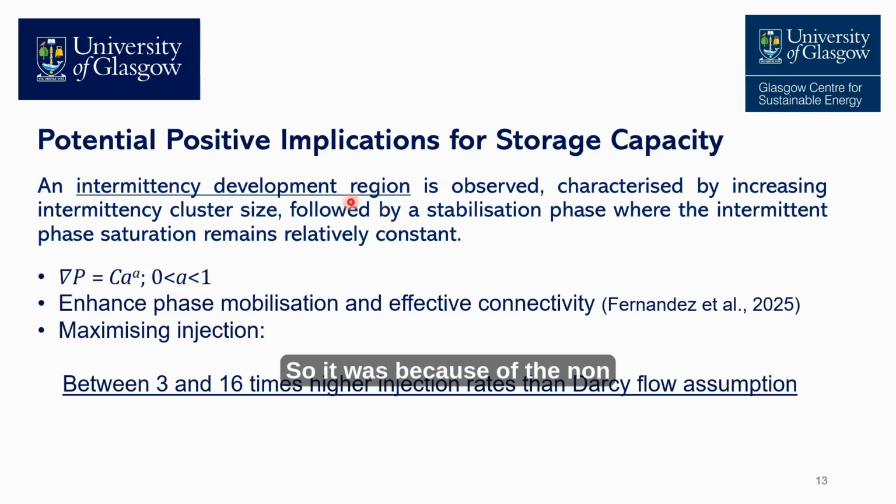So it was because of the nonlinearity that we could observe between pressure gradient and capillary number in this intermittency development region. In the literature, it was discussed that this comes with some enhanced phase mobilization and enhanced connectivity of the phases.